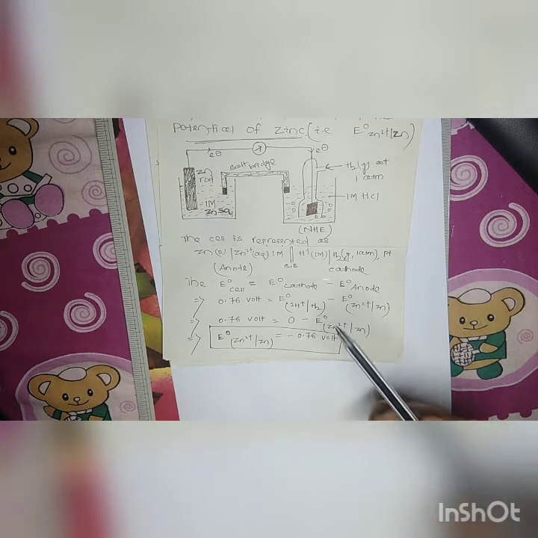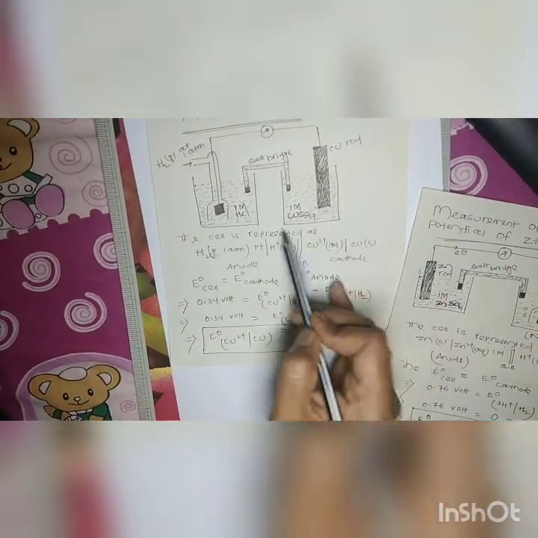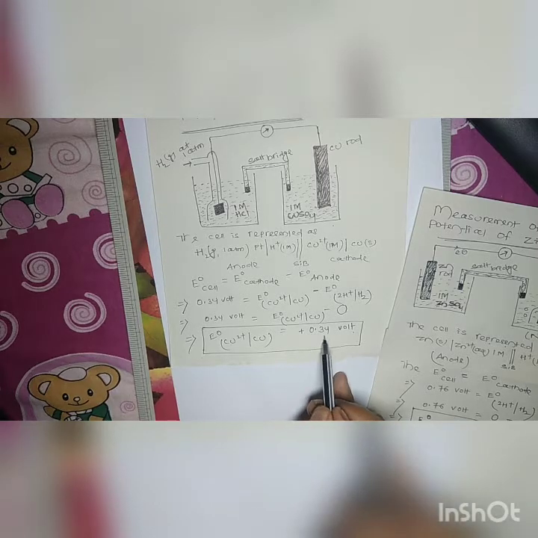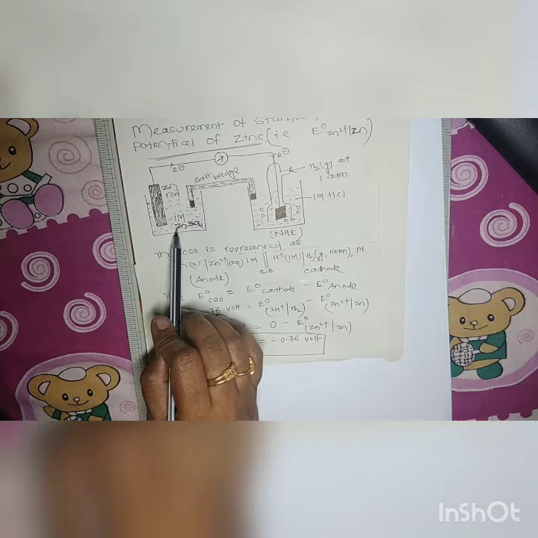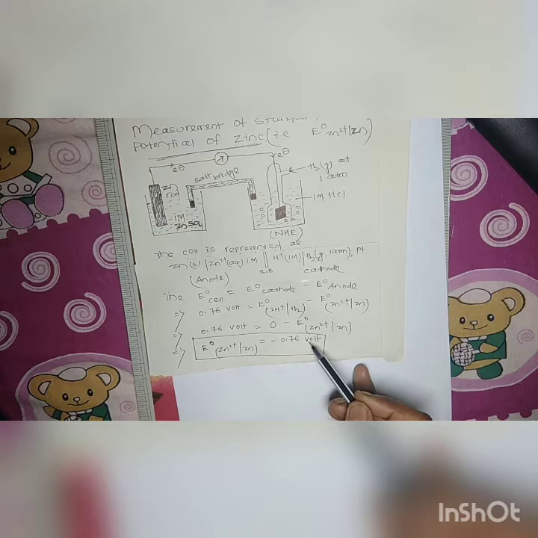I am repeating, the electrode at which reduction reaction takes place is assigning a plus value, and the electrode at which oxidation reaction takes place is assigning a negative reduction potential value.